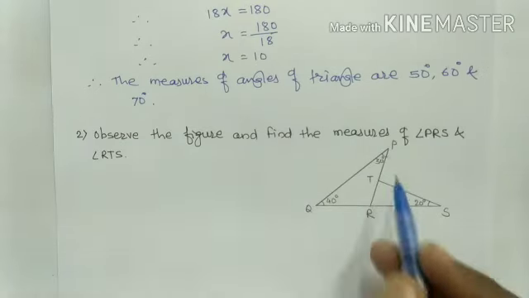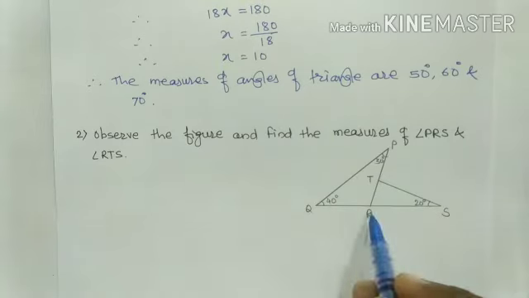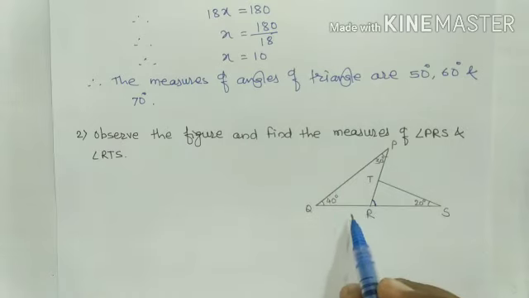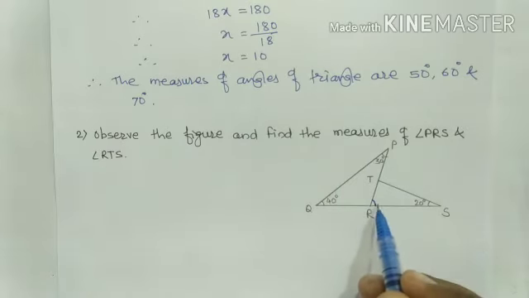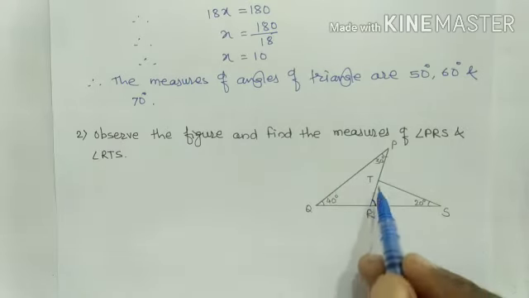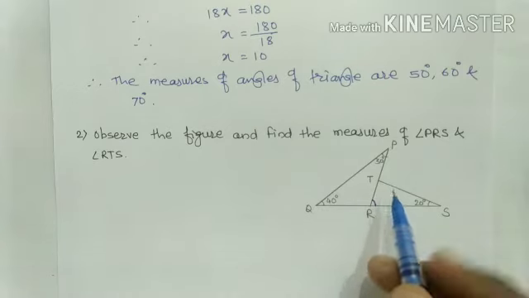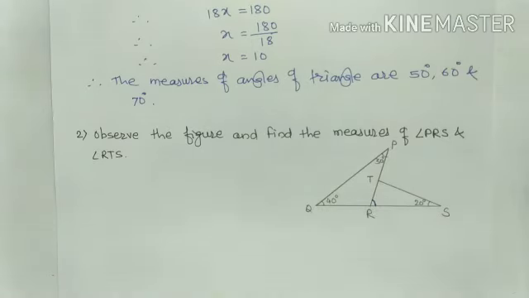Here when we consider triangle PQR, angle PRS is the exterior angle of triangle PQR. So by using the remote interior angle theorem we can easily find the measure of this angle. And now in triangle TRS, by using the measures of this triangle we can easily find the measure of this third angle, that is by using the angle sum property of the triangle.